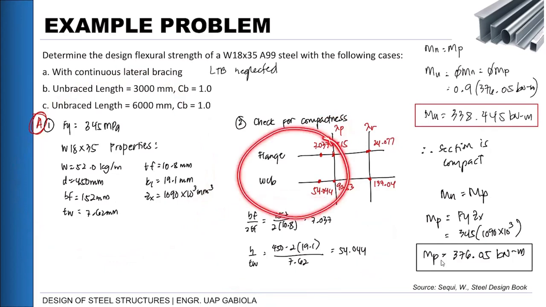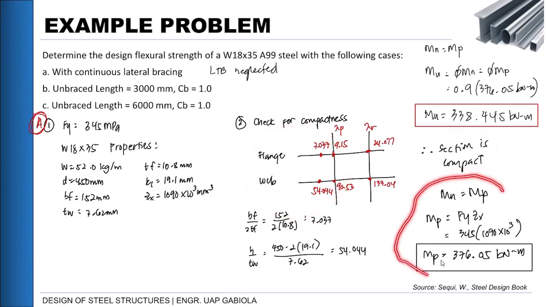Then, after getting that our section is compact, we calculate our nominal capacity wherein Mp is equal to Mn. Then we go back here, wherein our design moment, so this is our step 3, and this is our step 4. Okay? As long as we are clear on this.